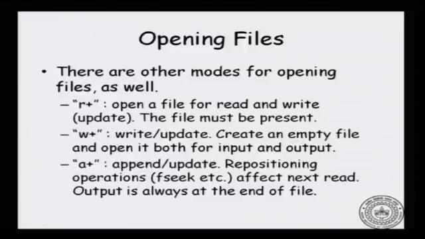This is somewhat strange. If you do any fseek after you open the file in a plus mode, then the read will be affected. Okay. So, suppose I am at the 100th location, I have read 99 bytes, I am at the 100th byte.